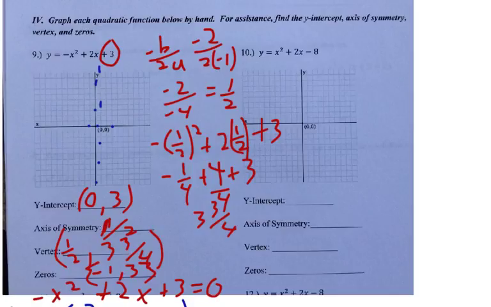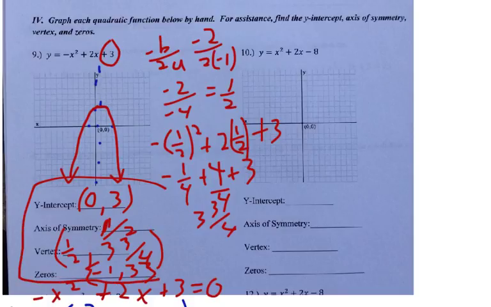And if I graph that vertex at (1/2, 3 3/4), that's going to be about right there. And then you're just going to connect your points. So again, don't look at the iPad picture too closely. Just look at your points that we calculated from here, and you can graph them a little more exact on your paper.